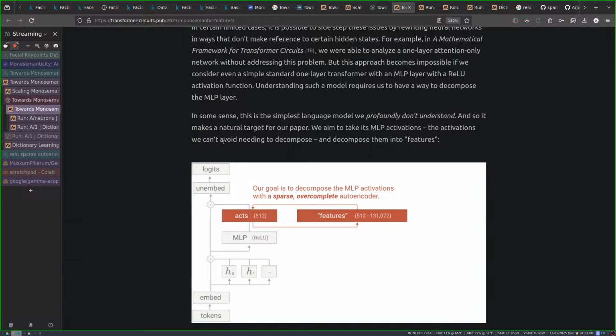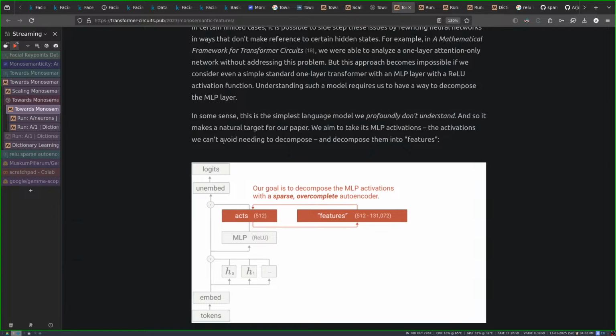This is the simplest language model we profoundly don't understand, and so it makes a natural target for a paper. We aim to take the MLP activations, the activations we can't avoid needing to decompose, and decompose them into features.